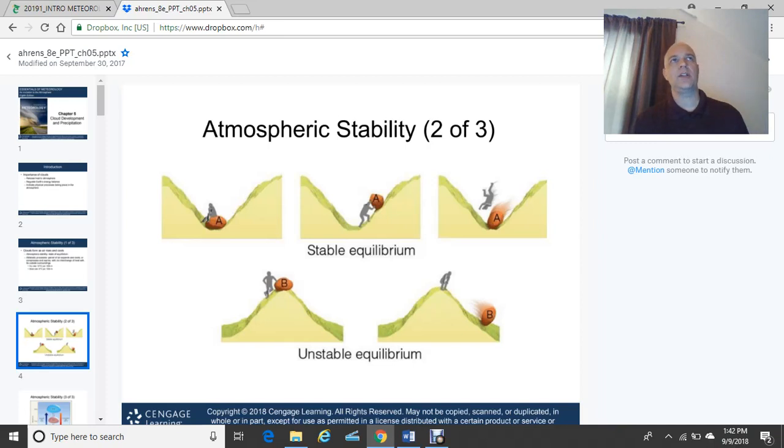So if some force were to lift an air parcel, like a frontal system, or orographics, mountainous terrain, in an unstable atmosphere with unstable equilibrium, that parcel will continue to rise away from its initial starting point. Okay? So there's the difference between stable and unstable equilibrium.